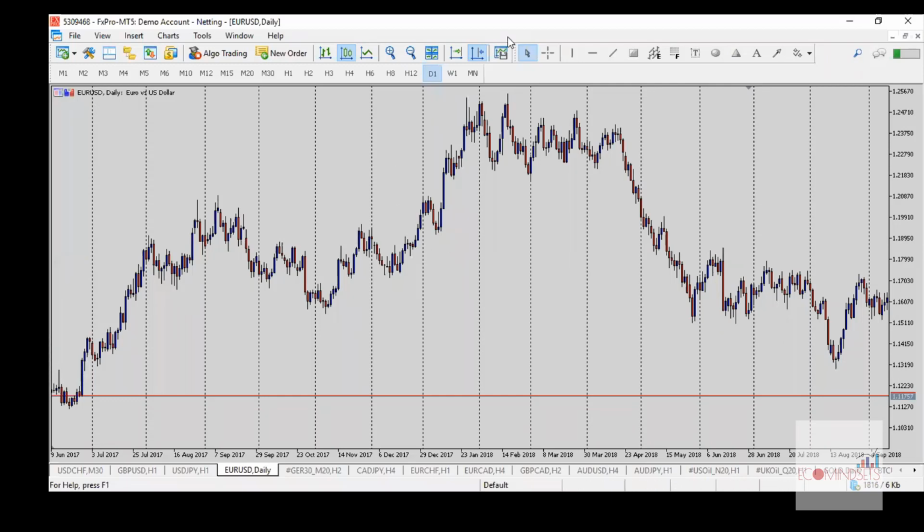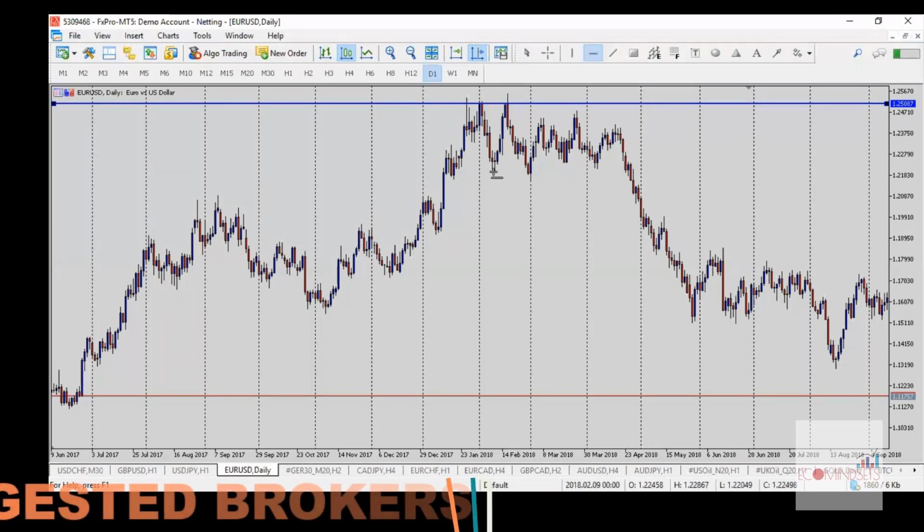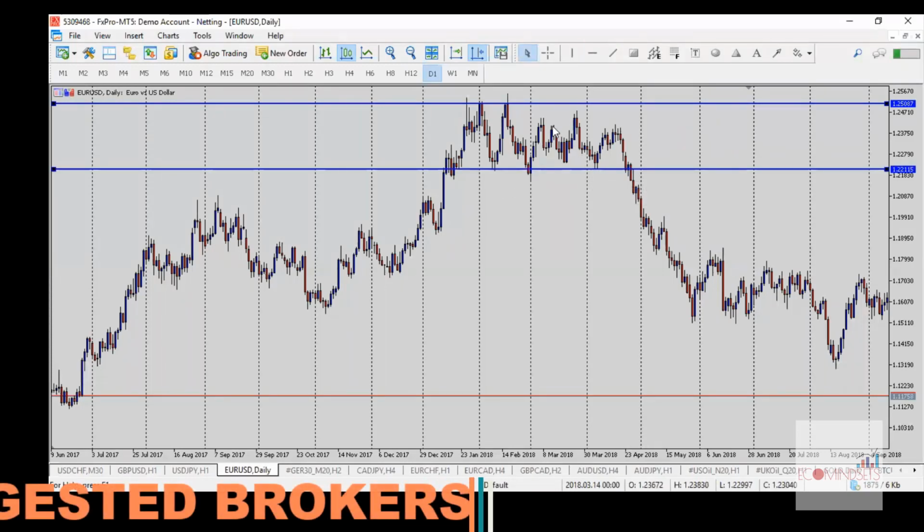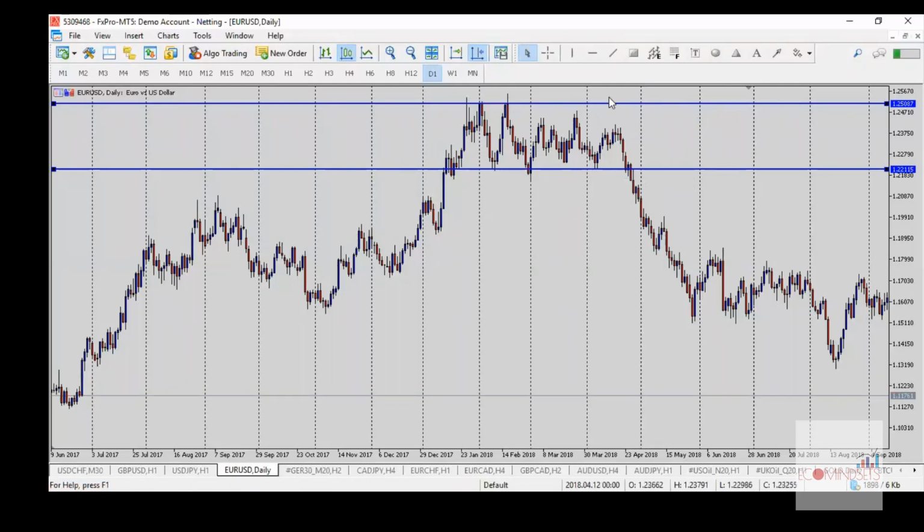We can identify that using our support and resistance lines. Between these two, the upper one is the resistance line and the lower one here is the support line.